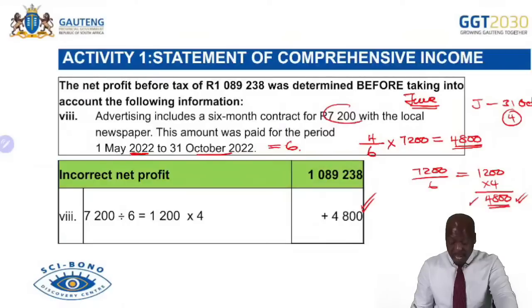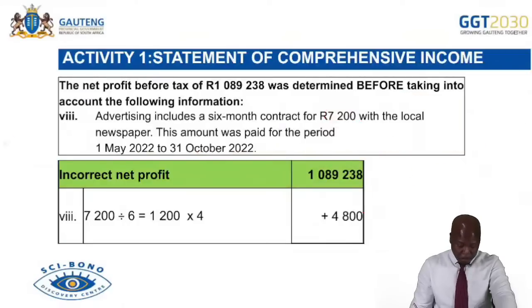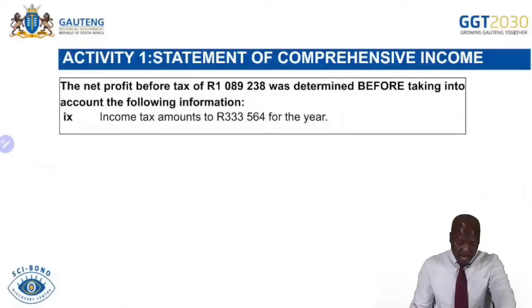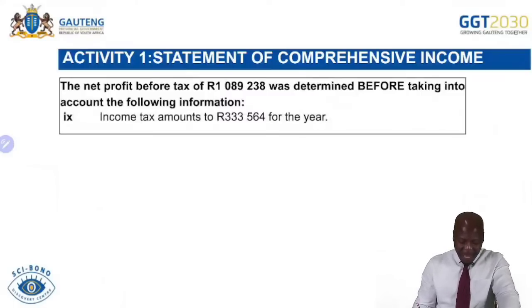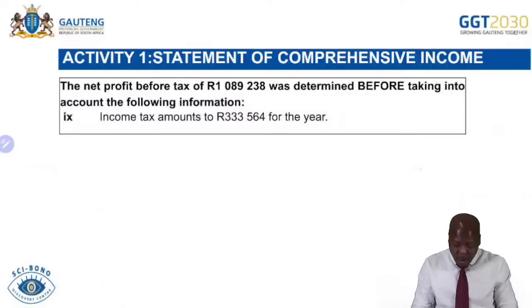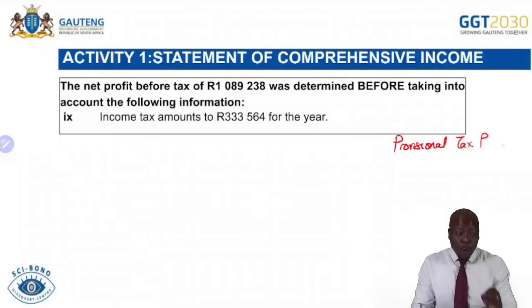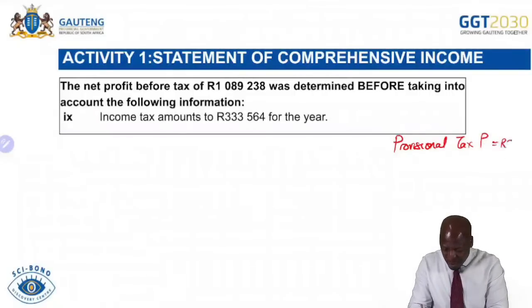The next adjustment reads, income tax amounts to 334,564 for the year. Do you remember what I said at the beginning of this question? We spoke about provisional tax payments. Who still remembers how much it was? It was 300,000.